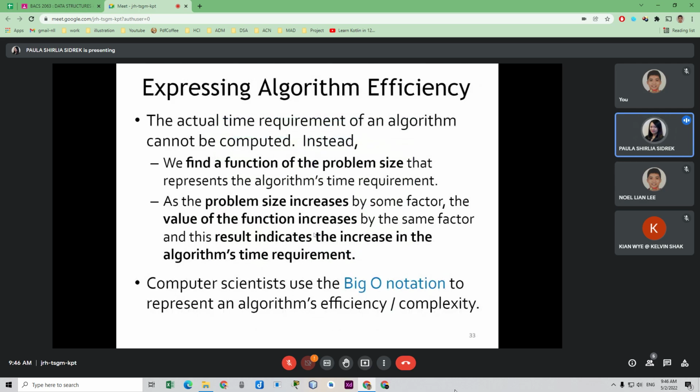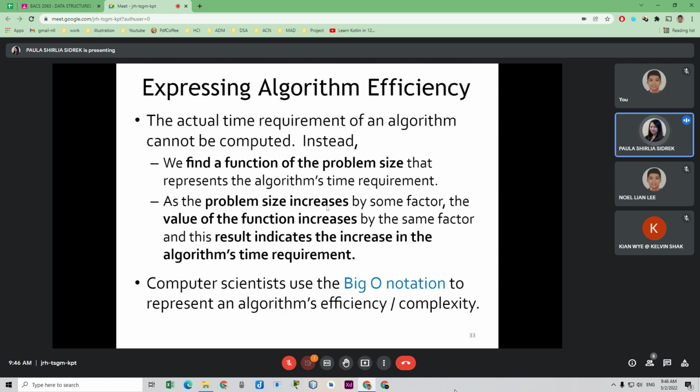Now, how do you express your algorithm efficiency? The actual time requirement of an algorithm cannot be computed. Instead, what you do is find a function of the problem size. It means you identify the size of your value, which is referring to, for example, an array with n elements, and that represents the algorithm time requirement.